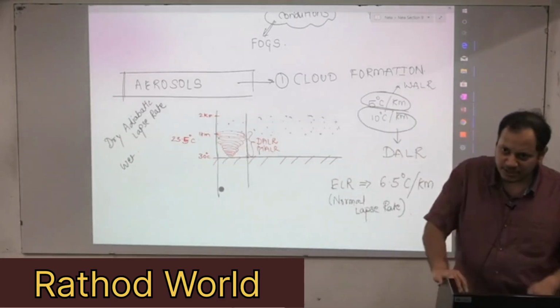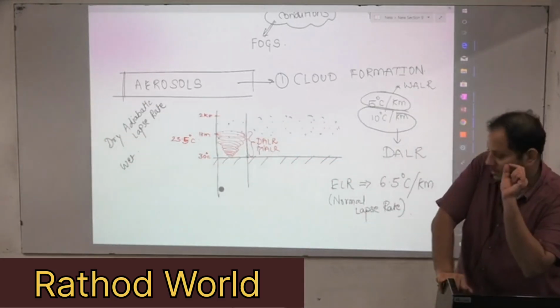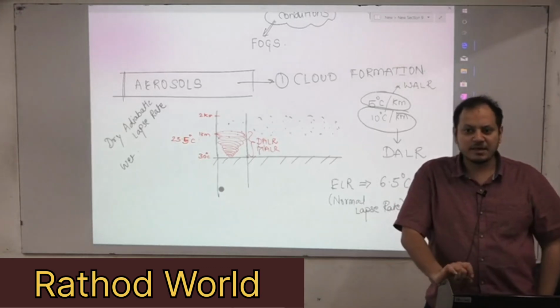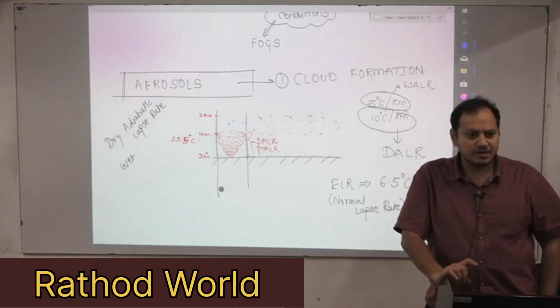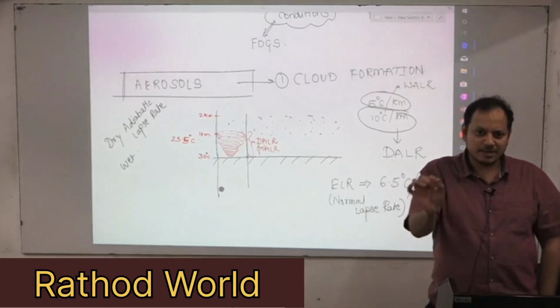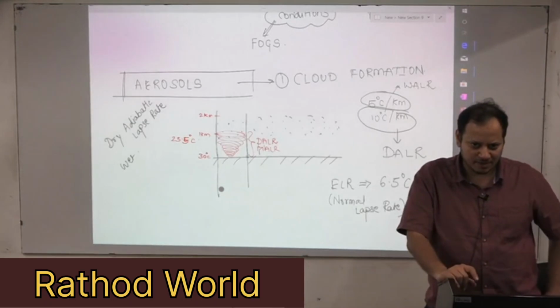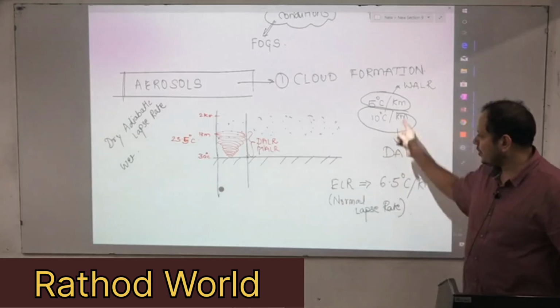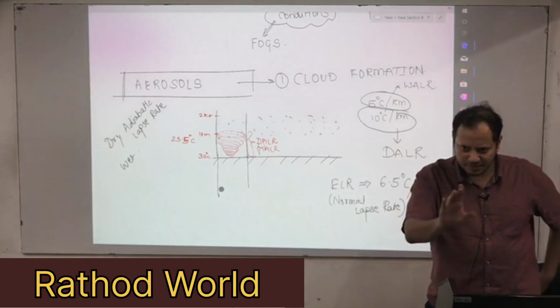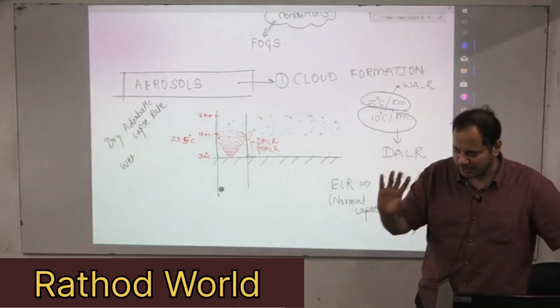And the relationship between the dry adiabatic lapse rate and the moist adiabatic lapse rate determines the stability and the instability of the atmosphere. This is the second part of our syllabus, stability and instability of the atmosphere. We are expected to know this dry and the moist adiabatic lapse rate. Understanding the difference between environmental and the dry moist adiabatic lapse rate?